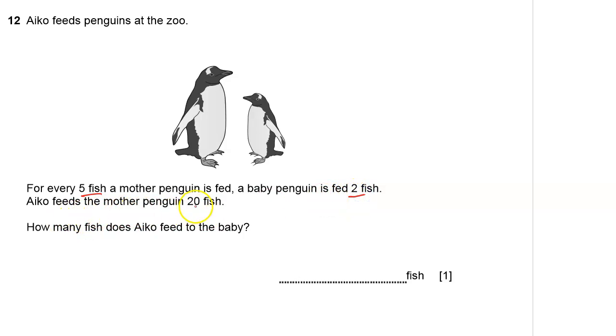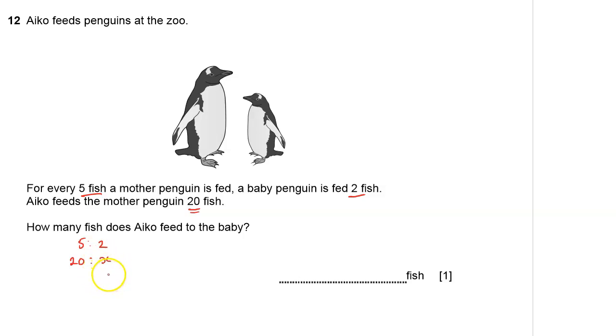Aiko feeds the mother penguin 20 fish. How many fish does Aiko feed the baby penguin? So the ratio here is 5:2. And therefore, if you have 20, then what is x?